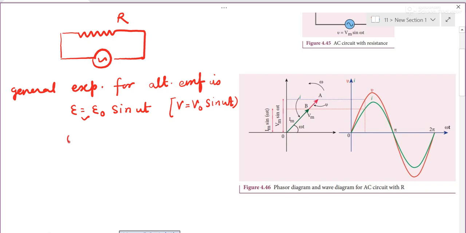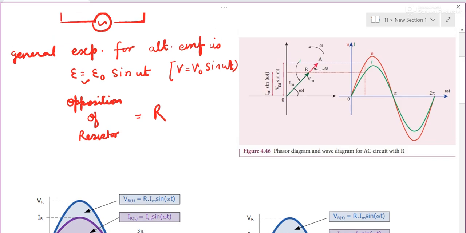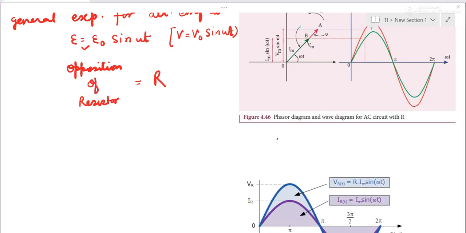Okay. So what is the opposition of resistor? We all know that opposition has a special name which is called resistance. Now if we have voltage, that is EMF, and opposition, we can find out current.